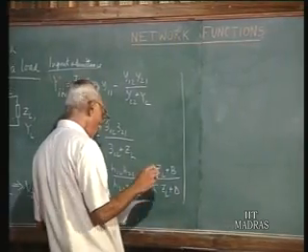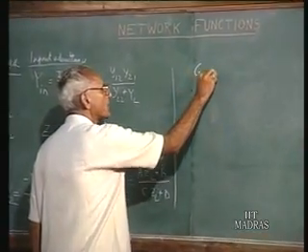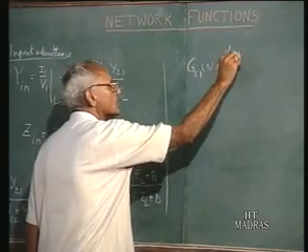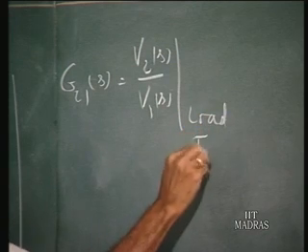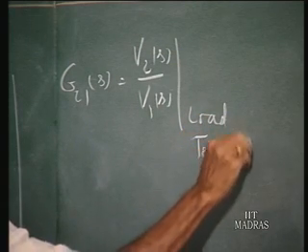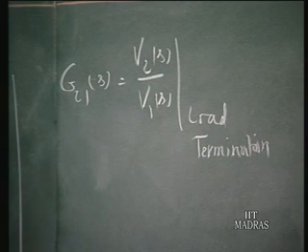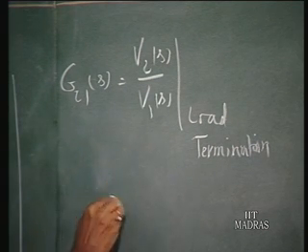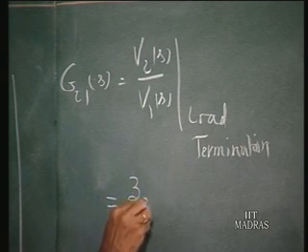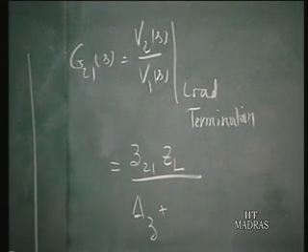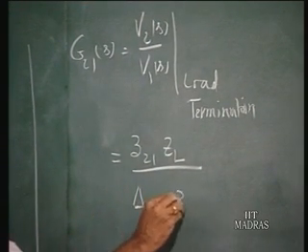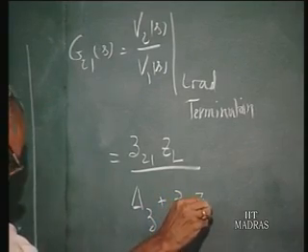Similarly, the voltage ratio G21 of S, which is V2 of S over V1 of S with load termination, is also important, because in any filter problems and so on, you terminate this two-port in a load and you would like to find out the ratio of V2 of S to V1 of S. Analyzing in the same fashion, you can show that this is equal to Z21 ZL divided by delta Z, the determinant of the open circuit impedance matrix, plus Z11 ZL.